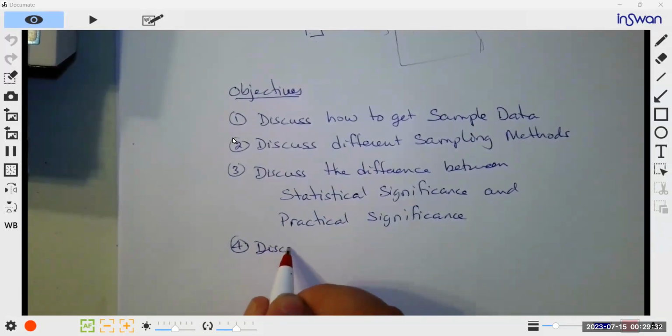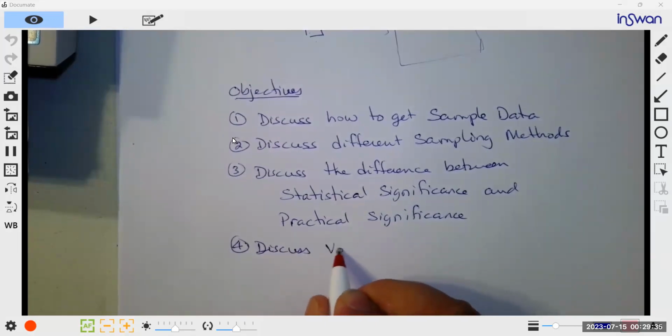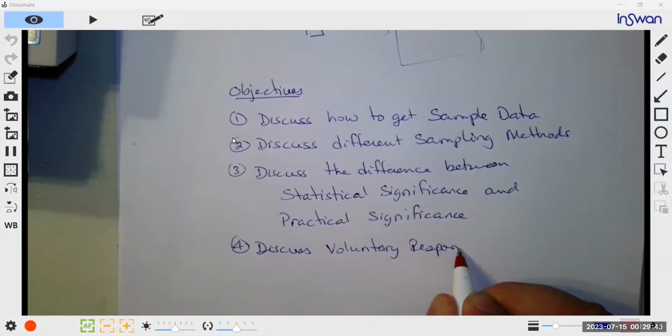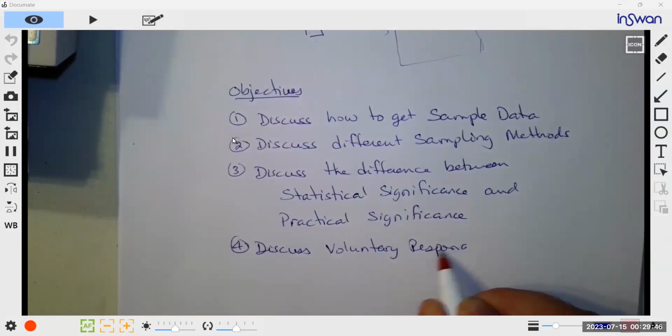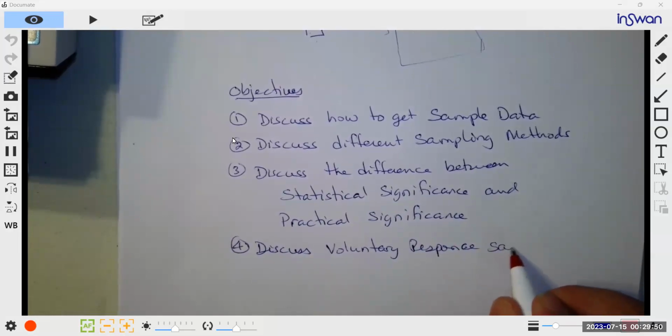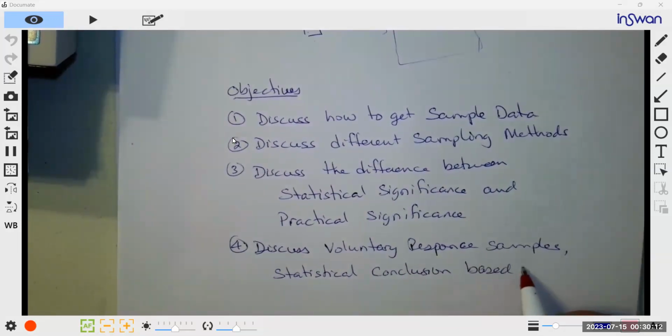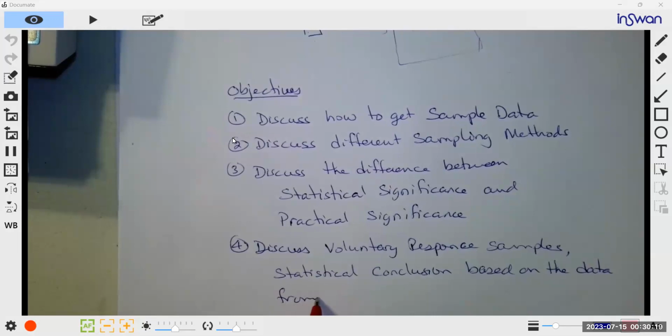We're going to discuss voluntary response samples, statistical conclusions based on the data from the sample.